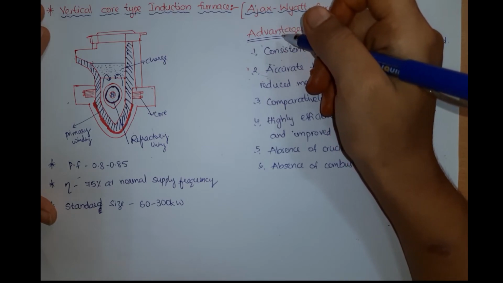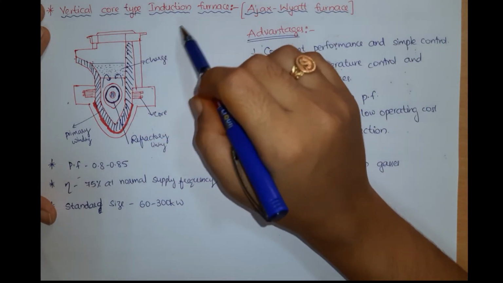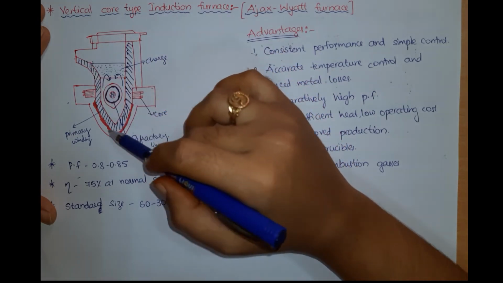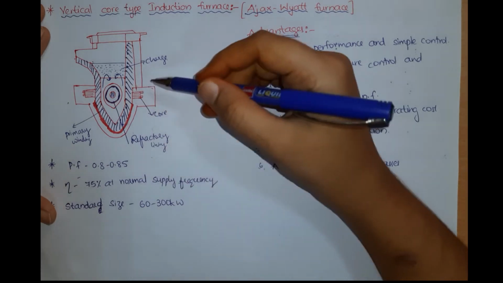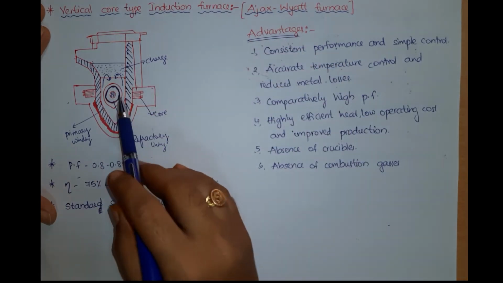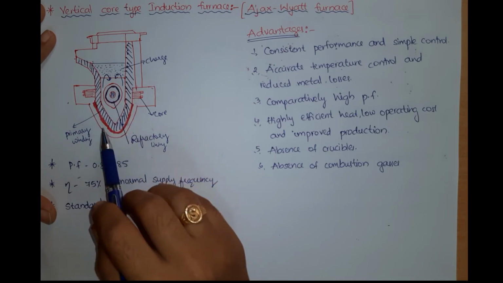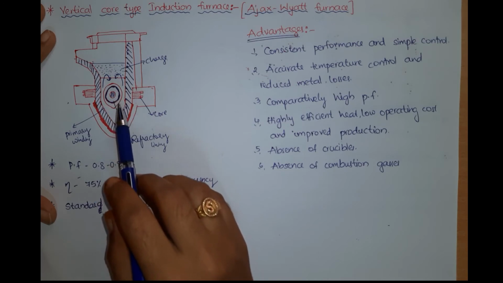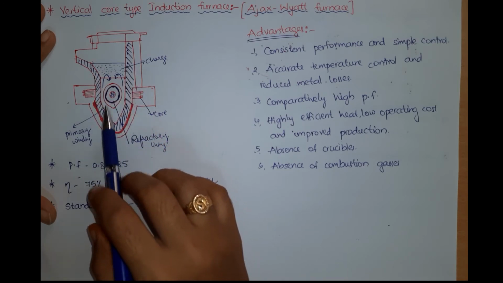So now vertical core type induction furnaces are coming into picture. This is how a vertical core type induction furnace can be seen here. It has a vertical core instead of the horizontal one as in the previous case, right?